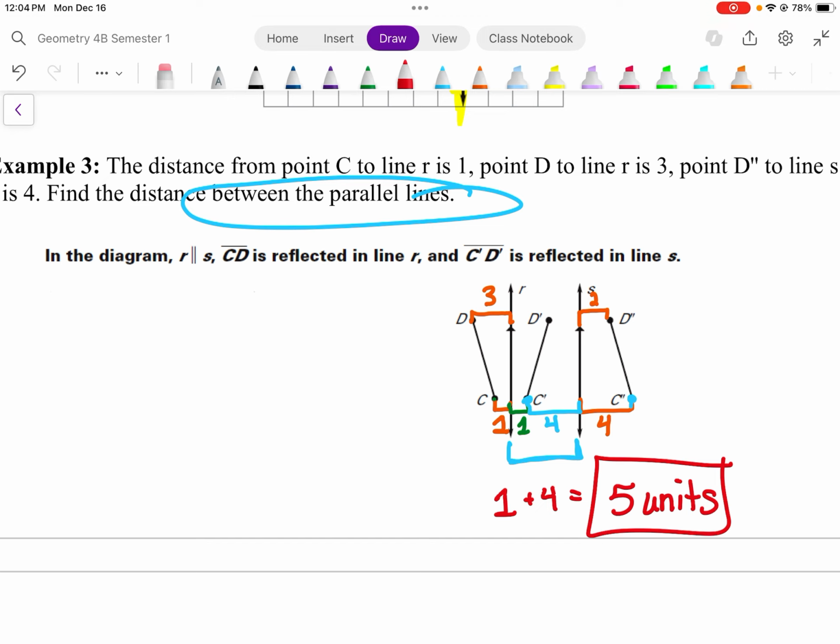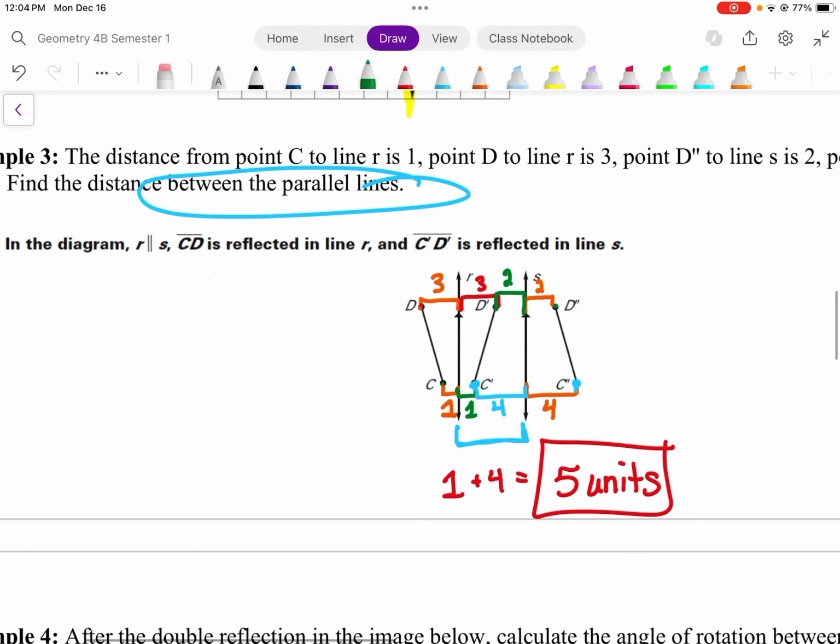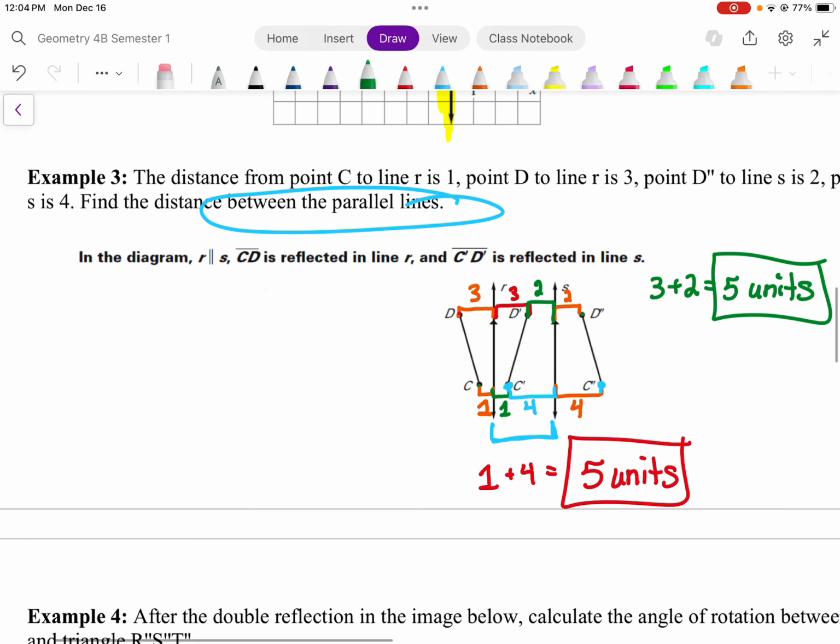We could double check that with point D. When that was reflected, it was 3 away, so D prime would be 3 away. And then when that reflected, it was 2 away on the opposite side, making this part 2. And we could check 3 plus 2, that is still going to be 5 units. So we could get our answer by looking at either of the points to get 5 for the distance between the lines.